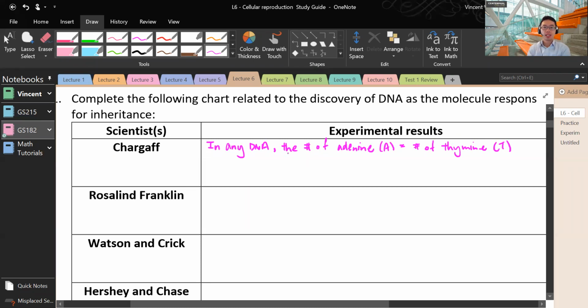And of course, the second part of this statement is that the number of guanine equals the number of cytosine.